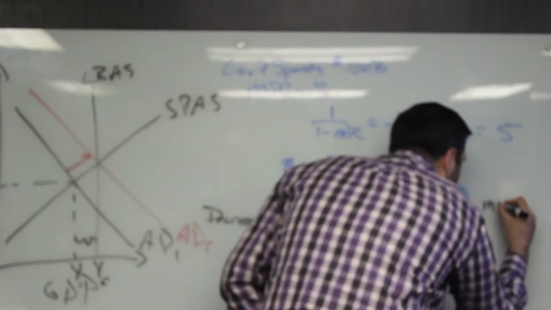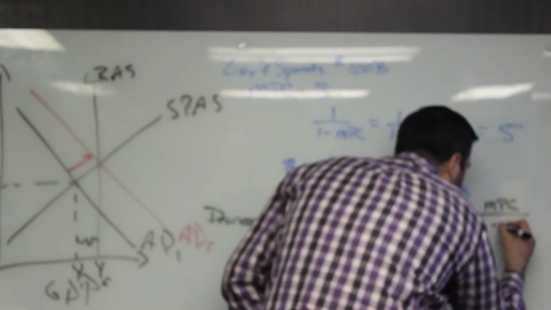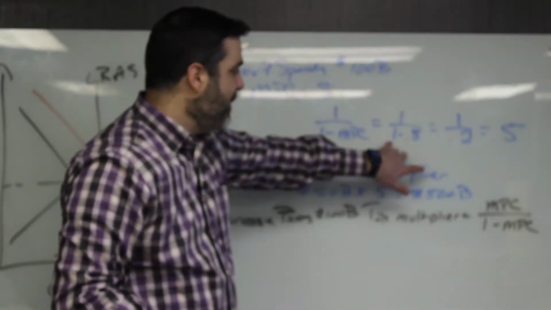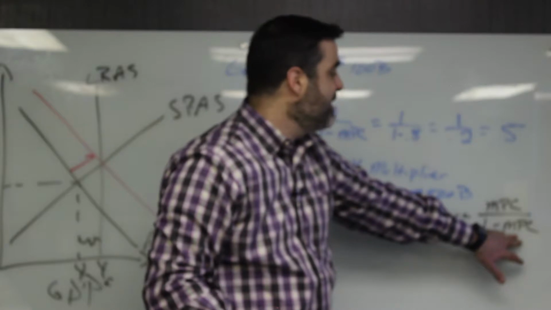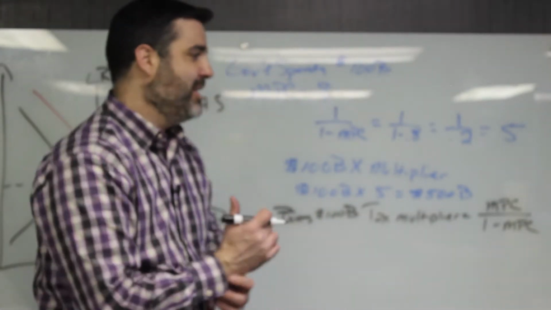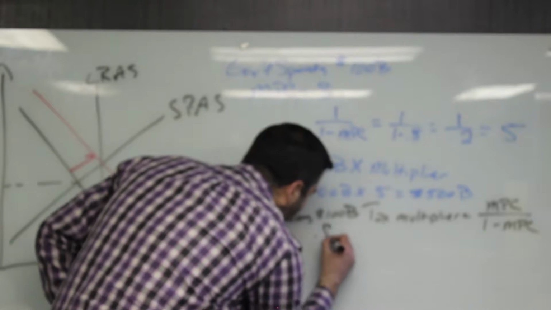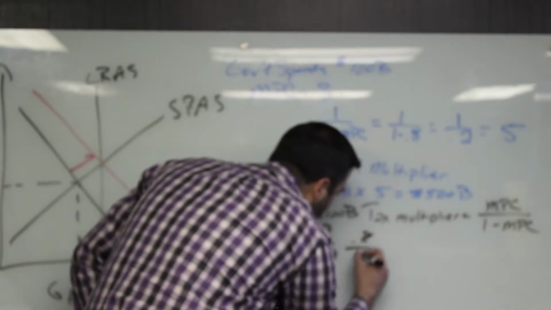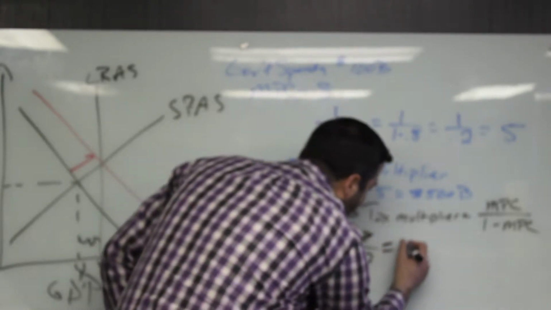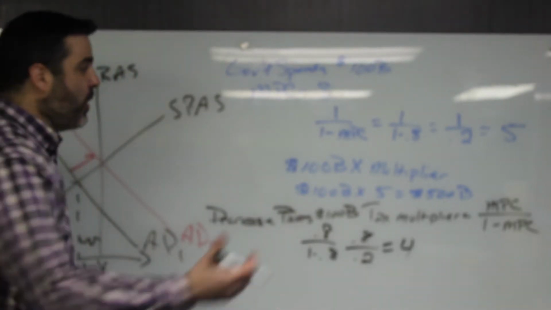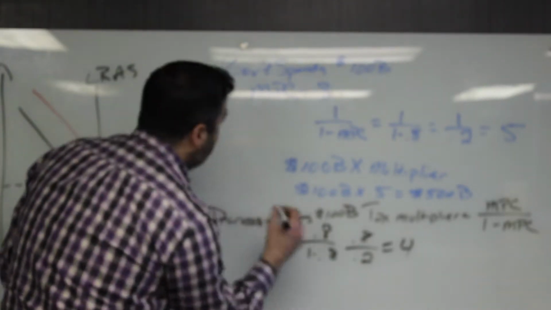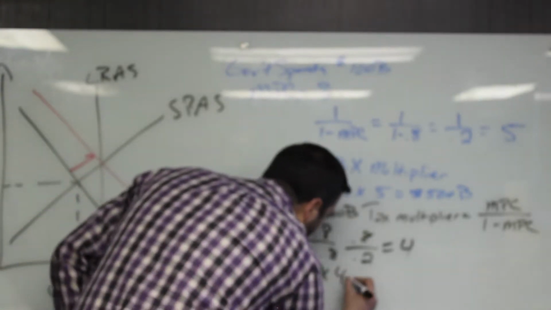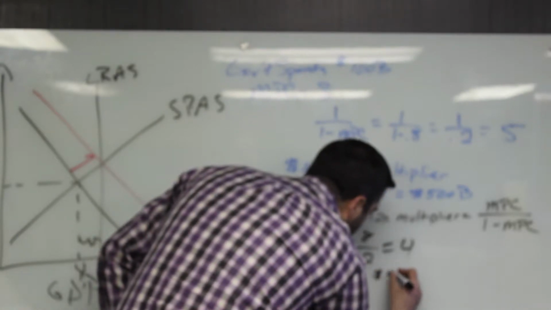It is the marginal propensity to consume over 1 minus the marginal propensity to consume. So it's not 1 over 1 minus the marginal propensity to consume. In this case, it would be 0.8 over 1 minus 0.8, or 0.8 over 0.2, which would equal 4. So we would have 100 billion times 4, which would equal 400 billion.